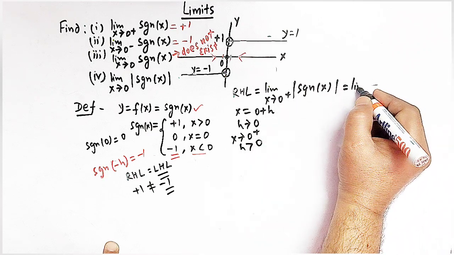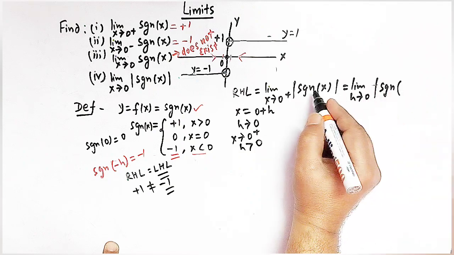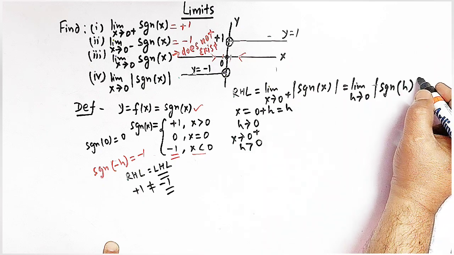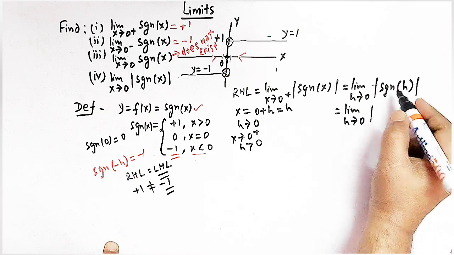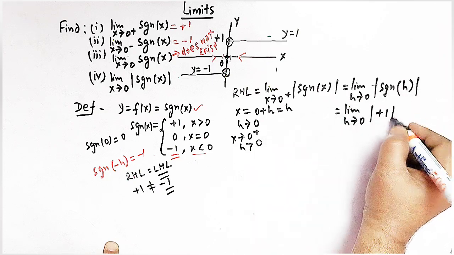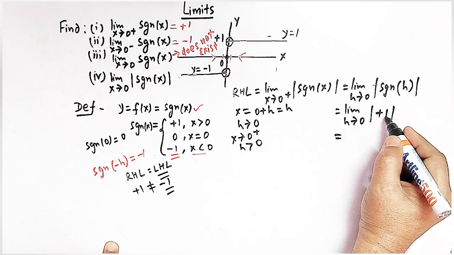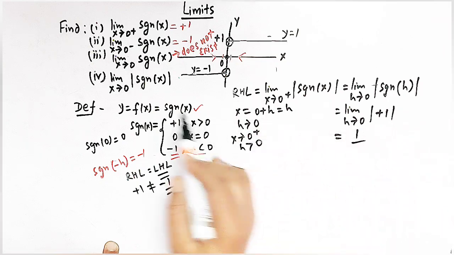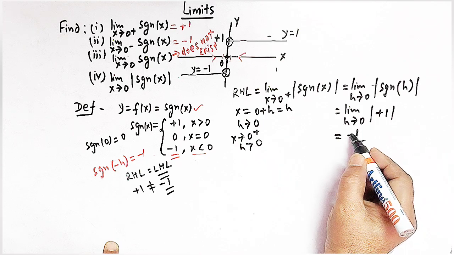So we have the limit as h tends to 0 of mod of signum of 0 plus h, that is h. Signum of h takes the value plus 1, and mod of plus 1 is simply 1. So the right hand limit of this function when x approaches 0 is plus 1.